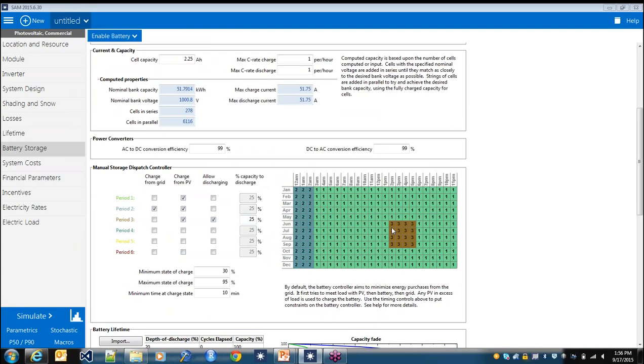For instance, at 2 p.m. here, assuming the battery is fully charged, we're talking about 25% of the energy that's available in the usable portion of the battery. So between 30% and 95%, we have a certain amount of kilowatt hours, and then we're allowing 25% of that original amount to be discharged every hour. So I hope that answers your question.